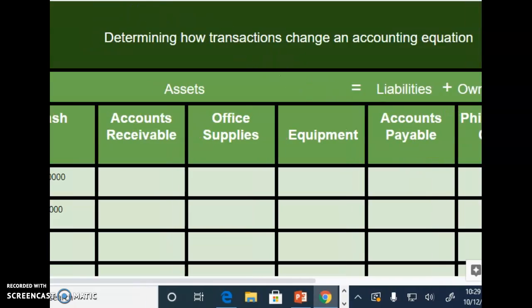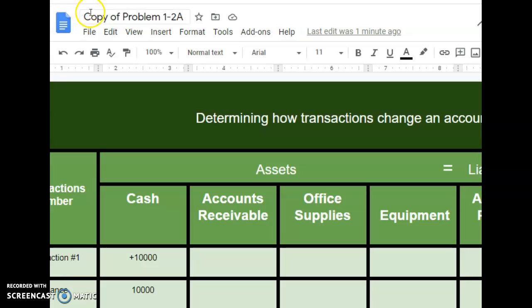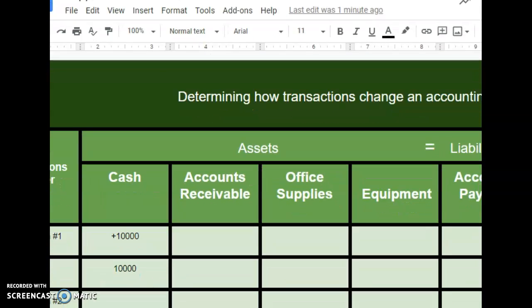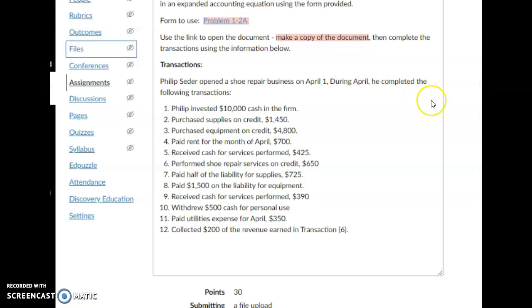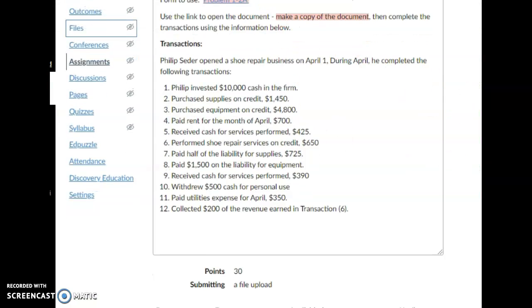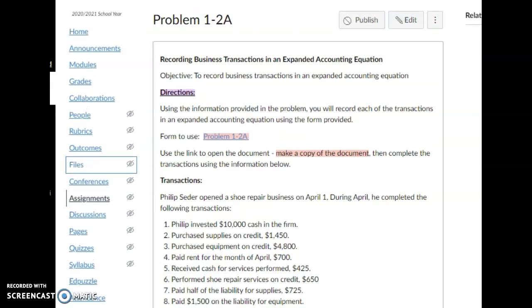And again, make sure you make a copy of this problem, because if you don't make a copy, you won't be able to write on this form. So I'm going to go back here, and this is your problem for the day, 1-2A.